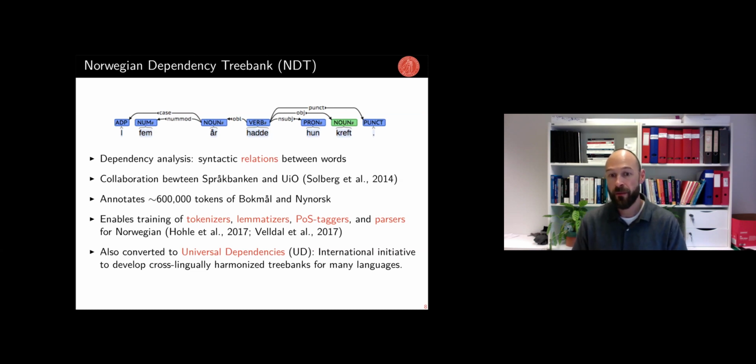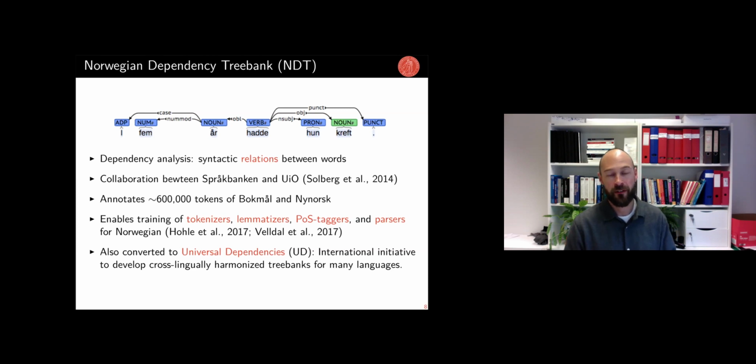So it encodes information about that, and also the grammatical part of speech. So the NDT enables training of machine learning models to perform all of these tasks: tokenization, lemmatization, tagging, and parsing.